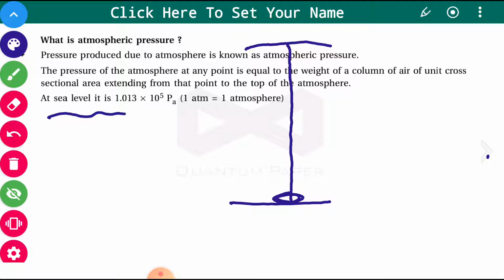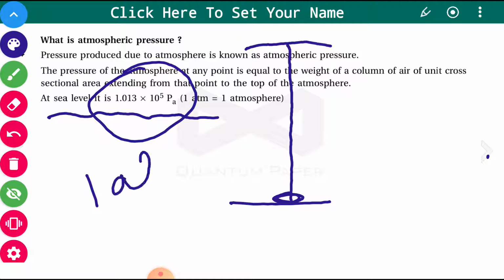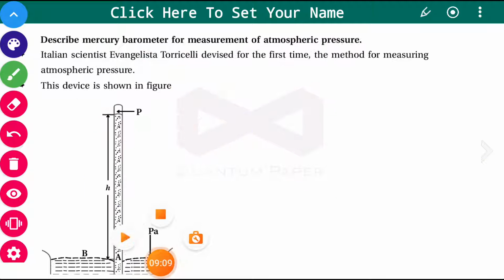At sea level, the value of atmospheric pressure is 1.013 × 10^5 Pascal, which is 1 atmosphere.